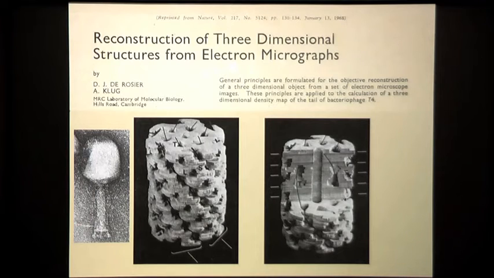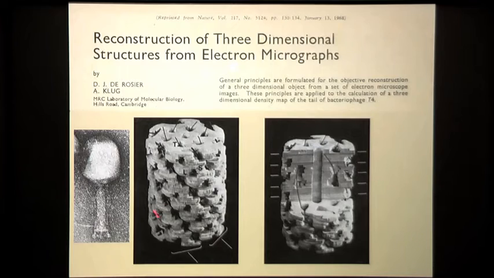So the problem is that when you have an electron microscope image here, such as this image of T4, the depth of focus of the electron microscope is much greater than the thickness of the specimen. So that what you record in this two-dimensional image is a two-dimensional projection of the three-dimensional specimen in the direction of the electron beam.